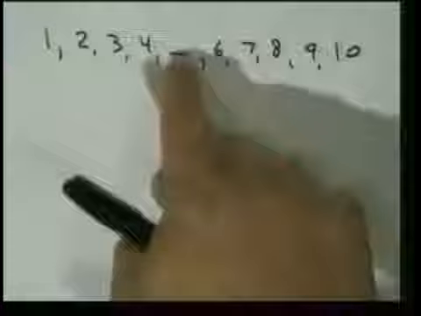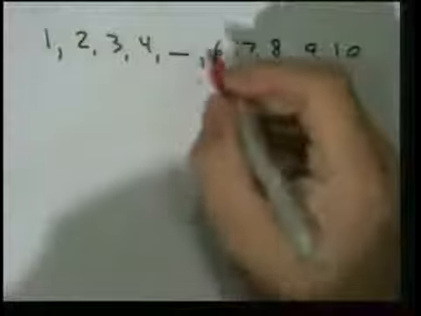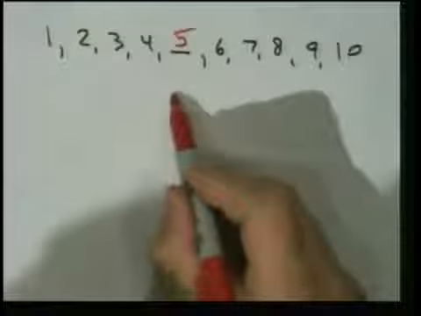Brian, what is the answer that goes in that blank? 5. Very good. Give him a round of applause. Now, let me ask you this. Let's say that Brian did not know what went in that blank. Let's say he thought the answer was 4.